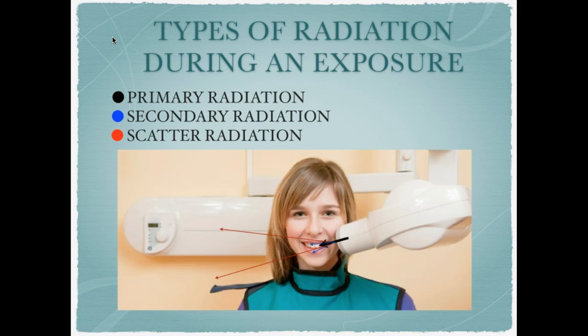The other parts of the X-ray then deflect off of the teeth and off of the face, and that is termed secondary radiation. Remember, they travel in a straight line, so it's not like it hits the tissue and then just explodes out into the room. They're still traveling in a straight line, but just by the nature of X-rays penetrating tissue, there is some deflection, which is secondary radiation.